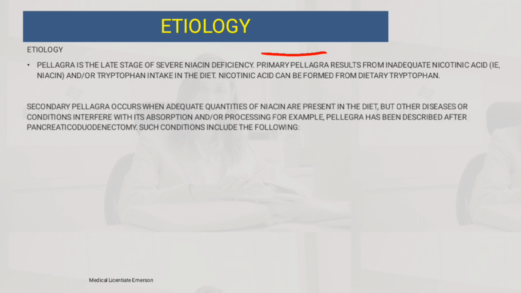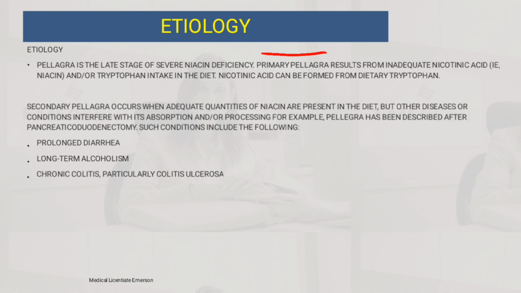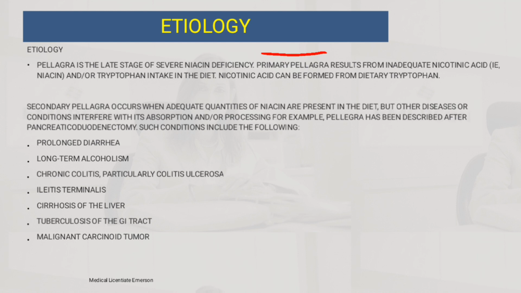For example, Pellagra has been described after pancreaticoduodenectomy, and other conditions can include prolonged diarrhea, long-term alcoholism, chronic colitis, particularly ulcerative colitis, ileitis terminalis, cirrhosis of the liver, tuberculosis of the GI tract, malignant carcinoid tumor, and Hartnup syndrome.